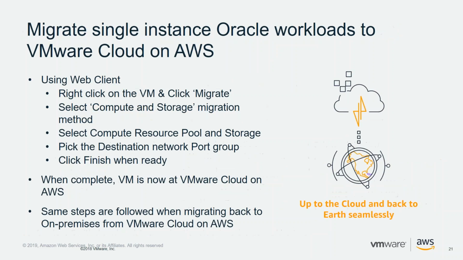Next slide, please. Right. As we saw in the previous section, by using VMware HCX, or the Hybrid Cloud Extension, we are able to migrate Oracle workloads from on-premises to VMware Cloud on AWS. This slide speaks about the migration approach which uses native VMware and Oracle methods.